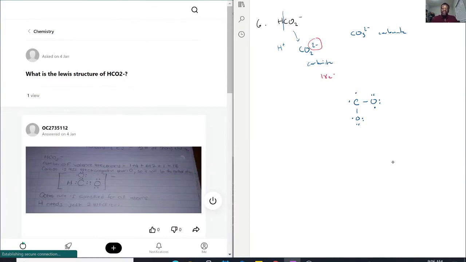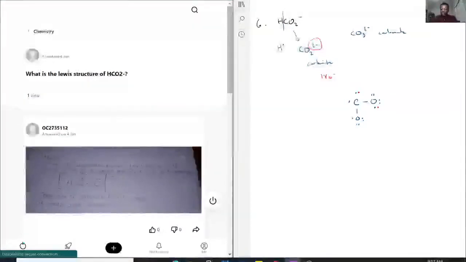But as we discussed, we actually have 2 extra electrons. So what I'm going to do in this case is add 1 electron here and 1 electron there. The reason why this has been done is because we need to set this up in a way where the octet rules are filled.